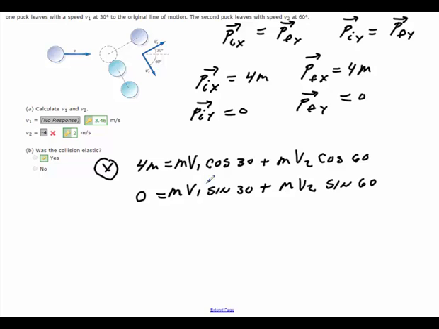Alright, what I'm going to do with this one, I'm going to do a little different. I'm going to do this one with matrices just to give you a little variety. I'll set this up as V1, this will be V2, and this will be my values over here. So we take my leading coefficient, and you notice too, the masses are all going to cancel out in every one of these problems.